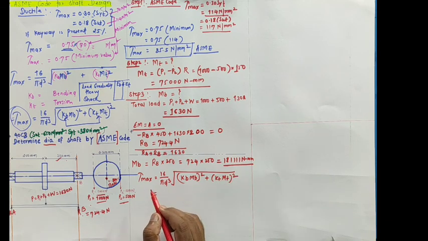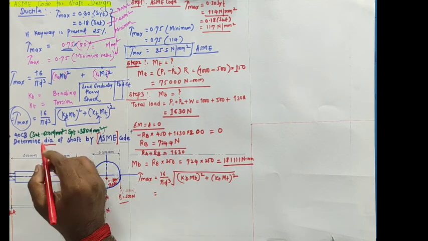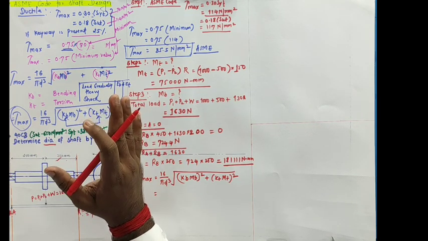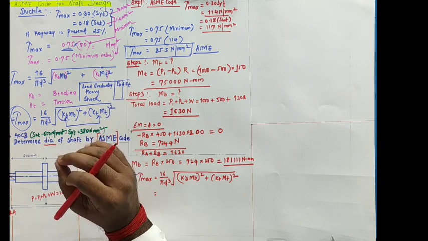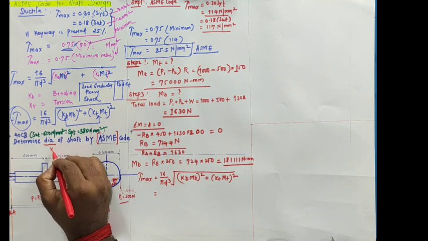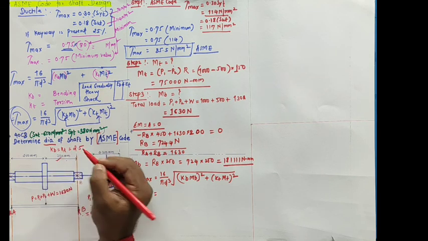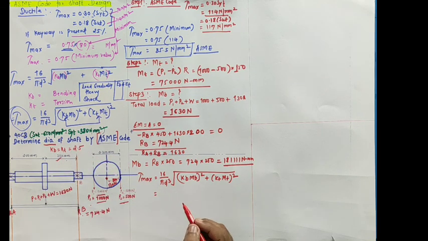Now Kb and Kt they have given, so we have not written here. If they have not given, we'll have to take 1. Always remember, if they have not given, we'll have to take 1. In this equation I forgot to give you Kb and Kt, they have mentioned 2.5. Kb and Kt are 2.5.